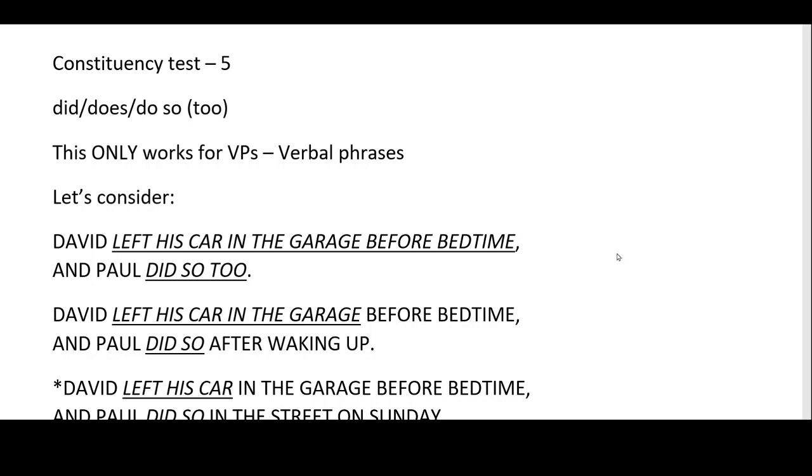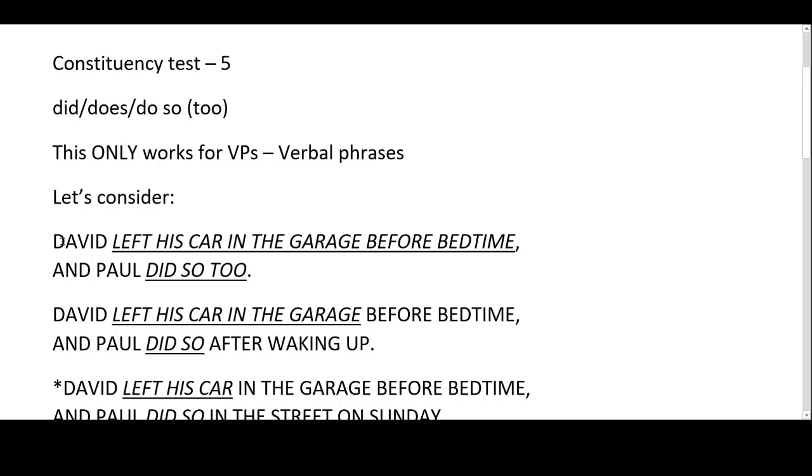Okay, so let's have a look at constituency test number 5. It's called the did so too, or the does so too, or the do so too test. Now this only works for verbal phrases. So we need to define which of these strings are constituents and which are not.